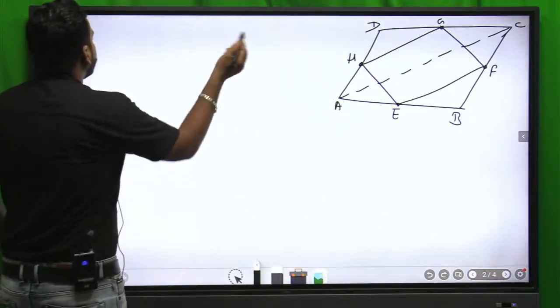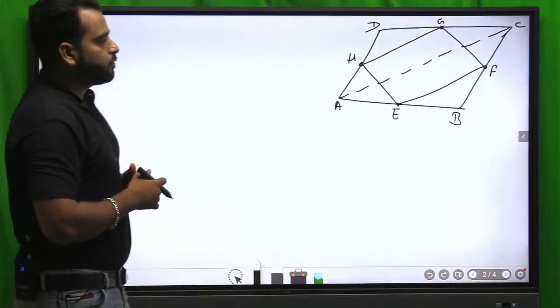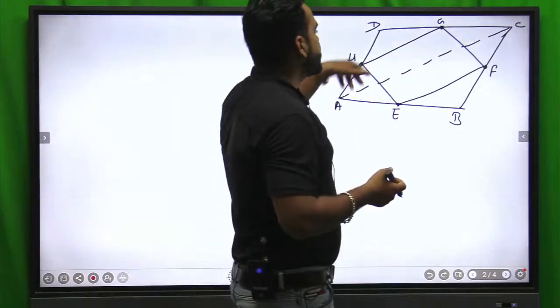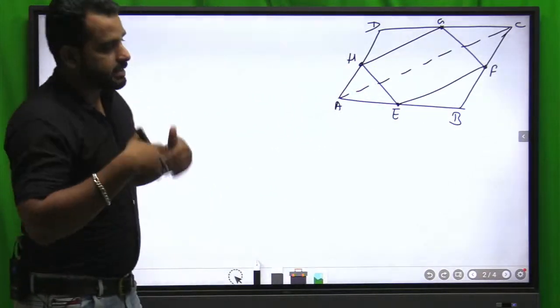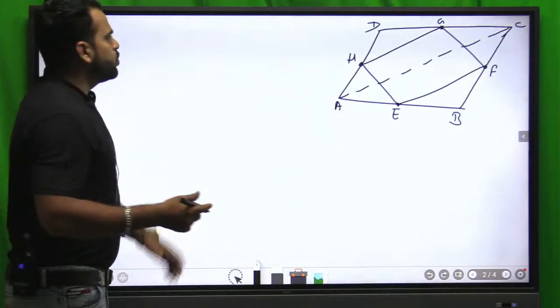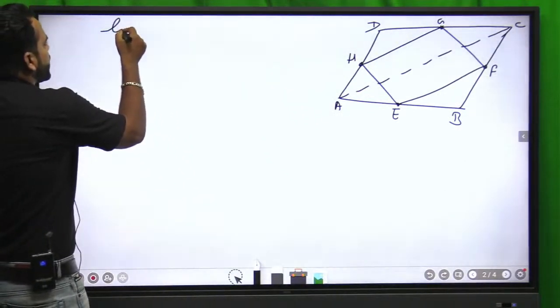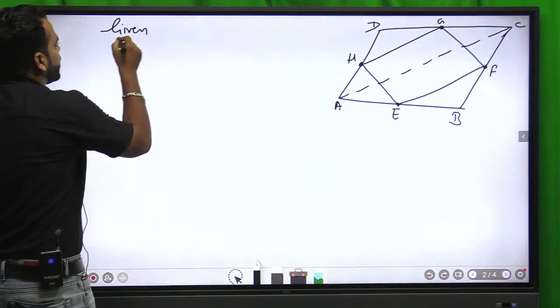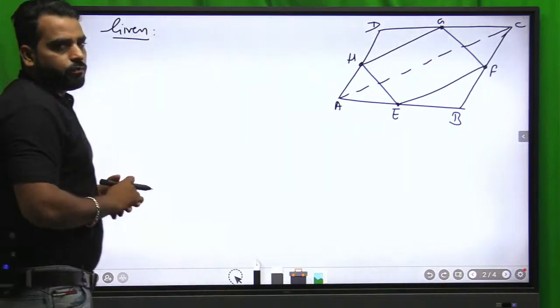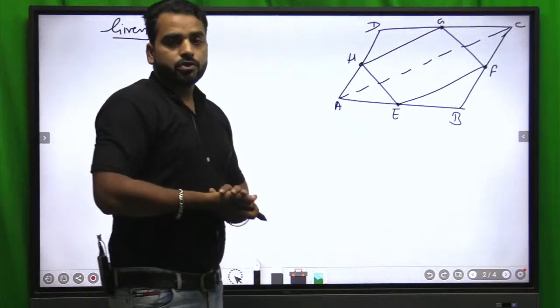In these types of questions, when you have to prove that EFGH is a parallelogram or a rhombus or anything, first of all you write what is given in the question.